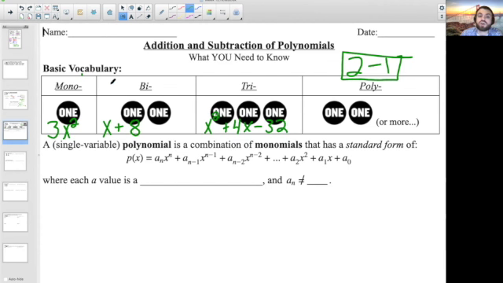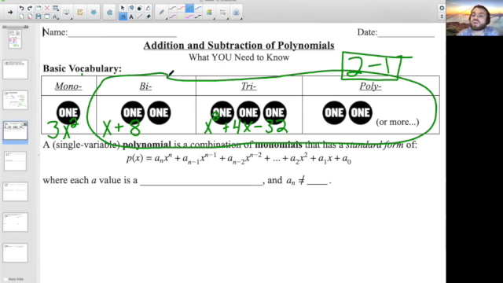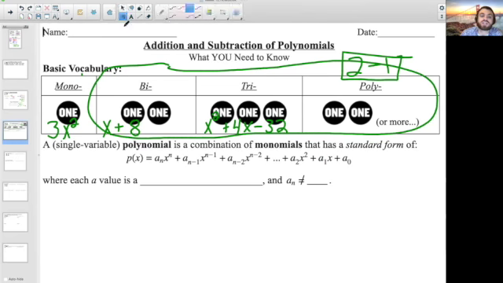And a polynomial is kind of a catch-all for any scenario in which you have one or more terms or monomials. So a polynomial is a combination of monomials that has a so-called standard form that looks like this: a_n x to the n, plus a_(n-1) x to the n minus 1, and so on, where the numbers in front, you might know, we call these the coefficients.